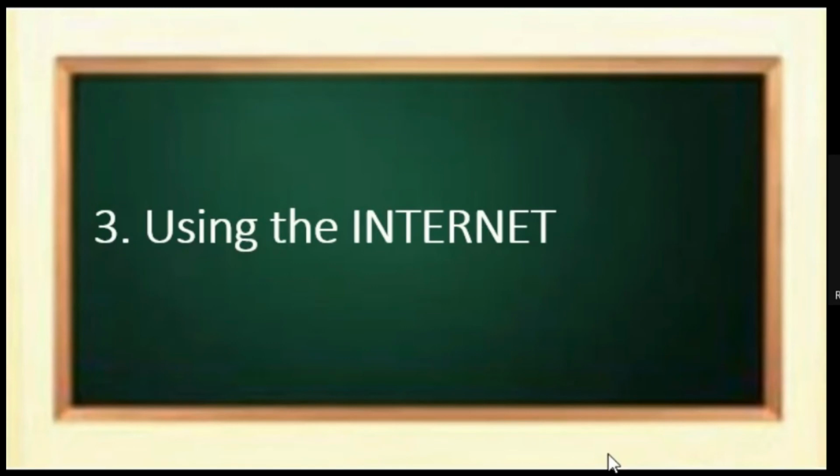Now, for the last part, we have using the internet. Okay? Most of us are using this already. When we find an unfamiliar word, where do you look for the answer, class? Or where do you look for the meaning? Honestly, do you grab the dictionary? Google po. Okay, that's true.